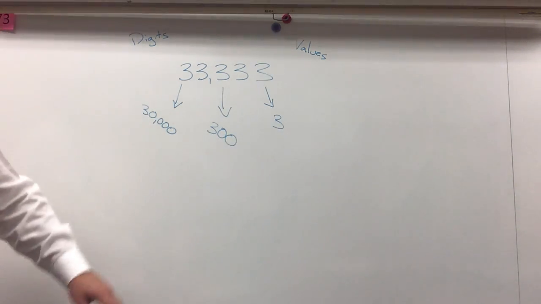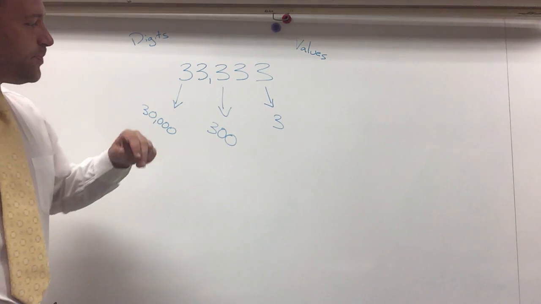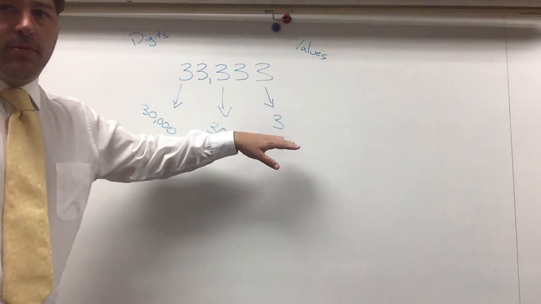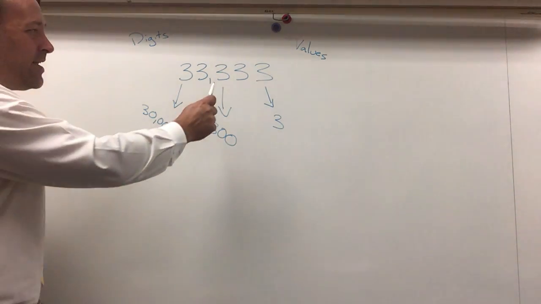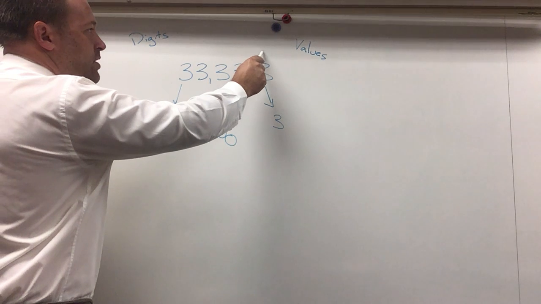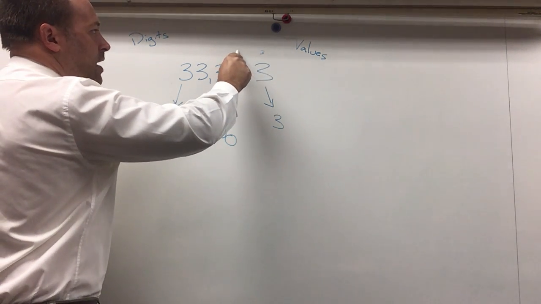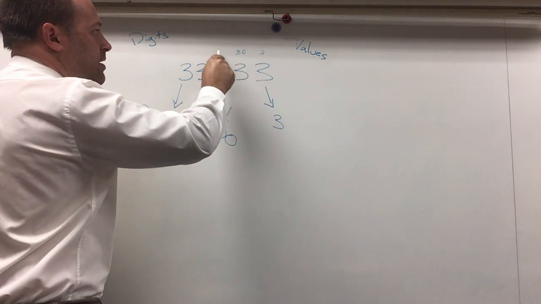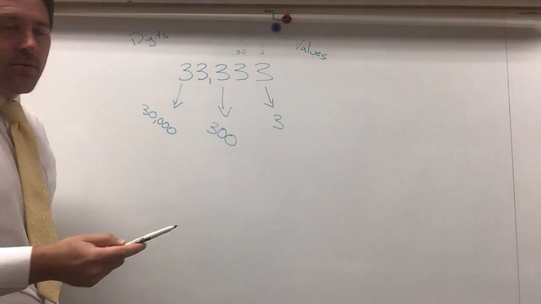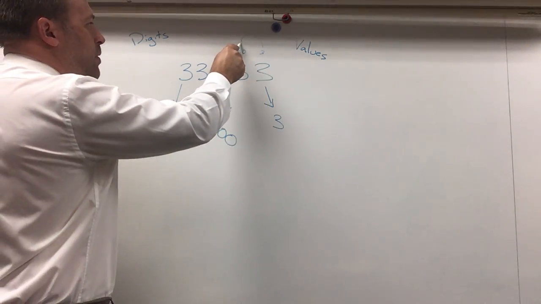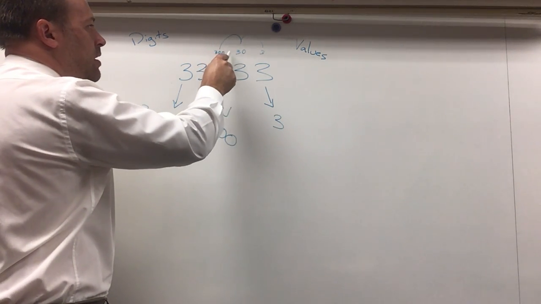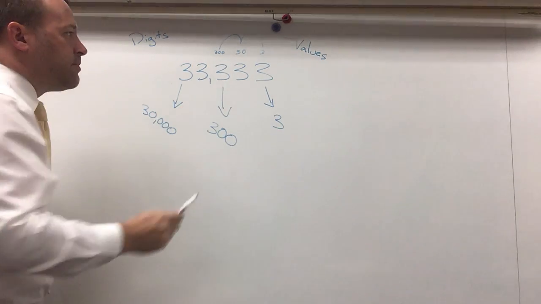It's got a value of a 3 because it's in the ones place. So the idea is when you compare them, a good way to think about it, they're all 3s, right? Well, if this is really just 3 and this is 30, isn't this 10 times greater? If I go up another one, it's not 30, now it's 300. So it's another 10 times greater.